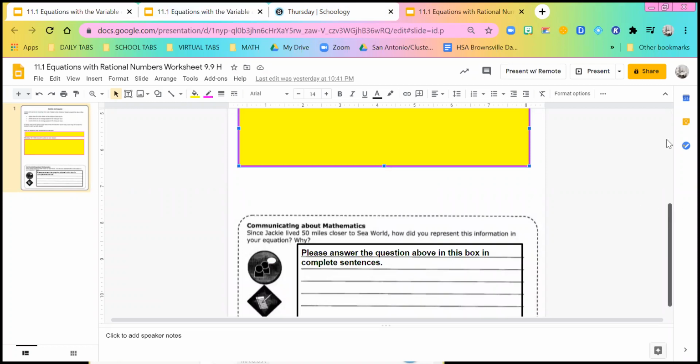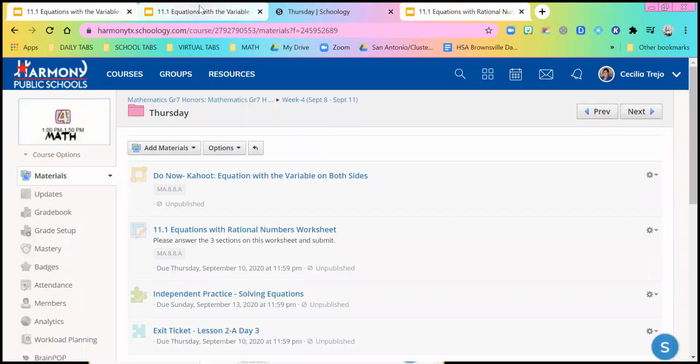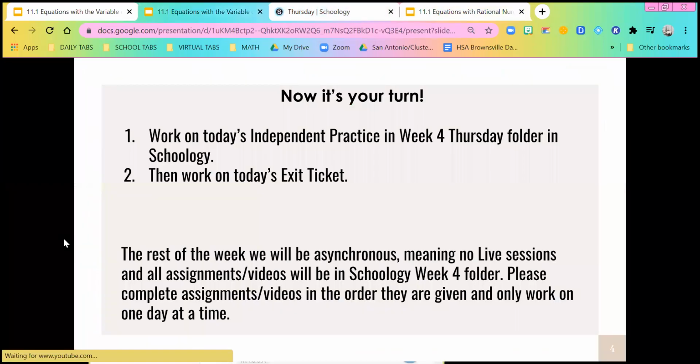That's what I'm looking at to see if you understand the problem. And then you have an independent practice assignment in the week 4 Thursday folder, and then of course your exit ticket. We will continue with, I think, inequalities starting tomorrow. I think that's what we're going to do for Friday.